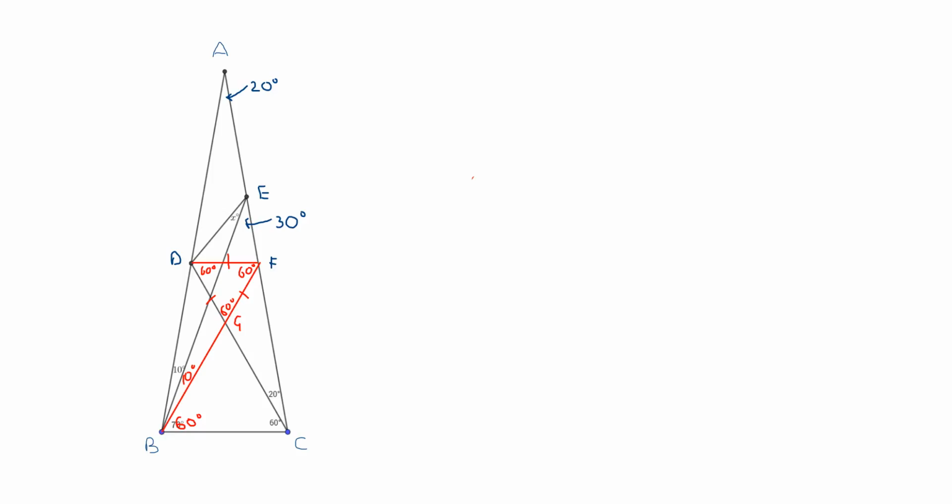So let's now take a look at this side here, AC and FB. So BF and FA, these are a part of triangle AFB. But hang on a second, angle A up here is 20 degrees, and angle ABF down here is also 20 degrees. So we now know we've got an isosceles triangle.